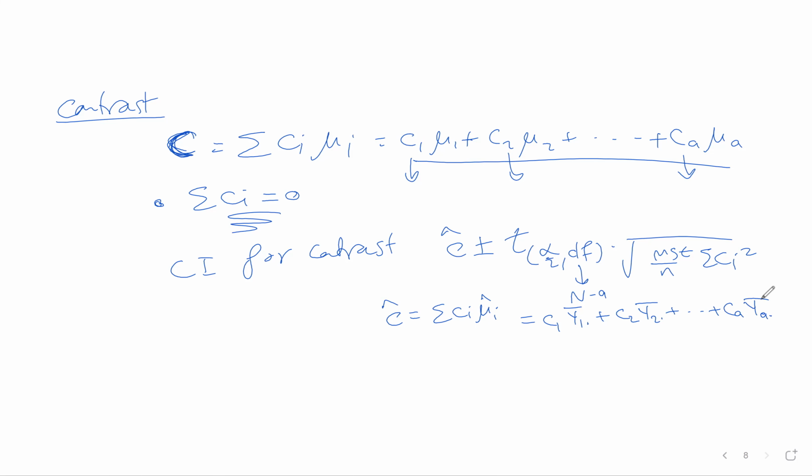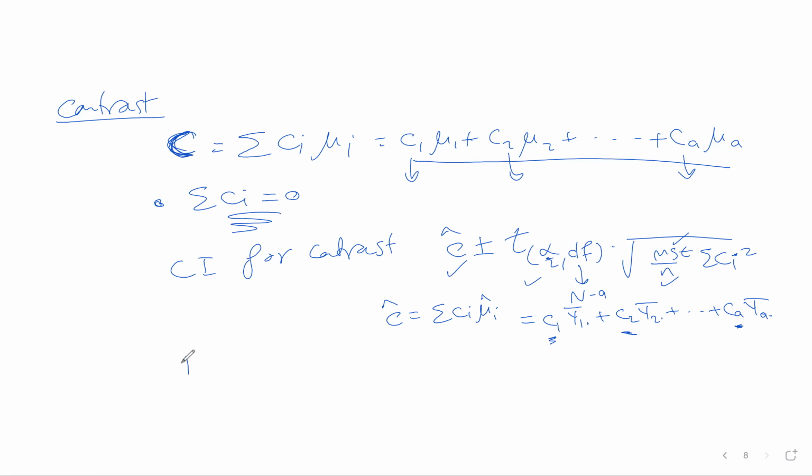This is the estimation for the contrast. And then you plug this into the C hat and you find the T value from the table and the MSE from the ANOVA table, little n, and then you calculate the sum of CI squared. This one squared plus this one squared up to plus this one squared. You give me the sum of CI squared. You plug the values into the formula and you get the lower limit and upper limit.